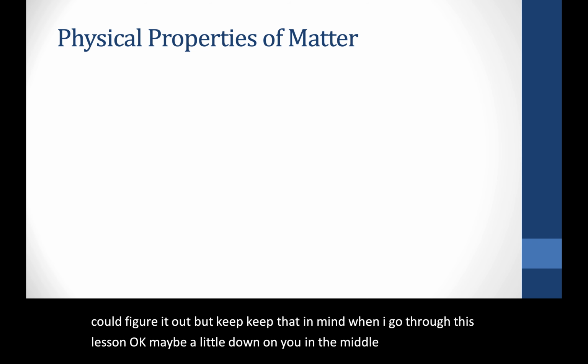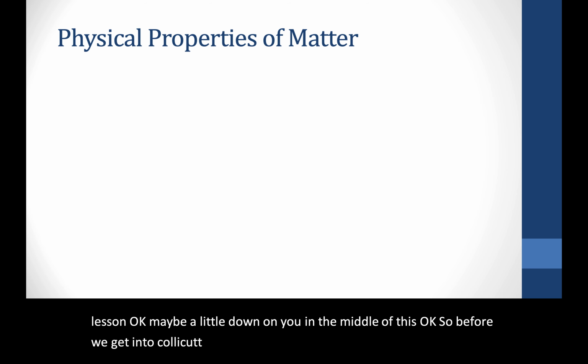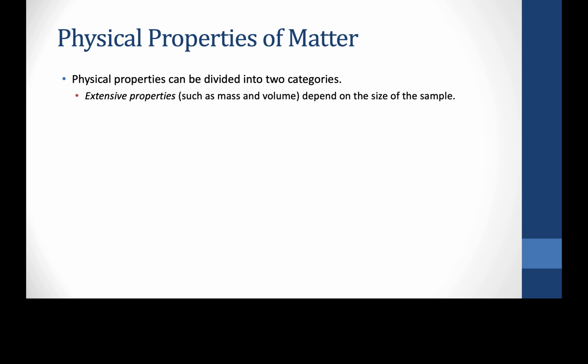Okay? So, before we get into colligative properties, let's just talk about physical properties of matter real quick. And most of this stuff you don't absolutely need to know, but it's good context. So we can divide all physical properties into two categories. Extensive properties, right? So this is mass, volume.